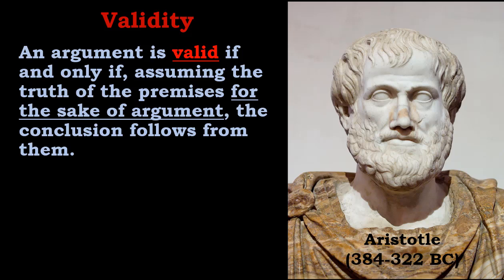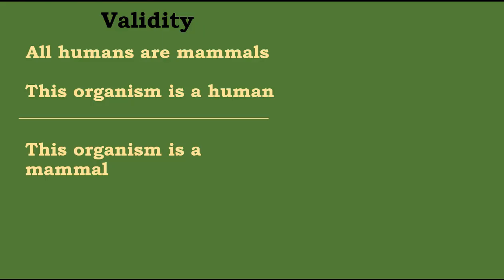The premises are assumed to be true for the sake of argument. So, if we assume that the premises are true, then an argument is valid if the conclusion follows from them. And we are going to see many examples about that.